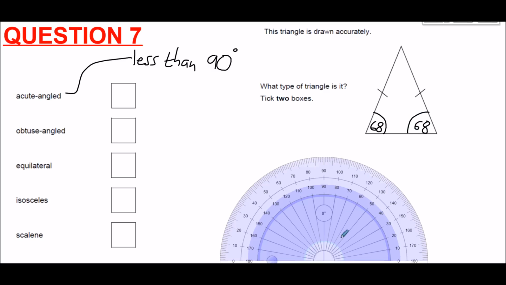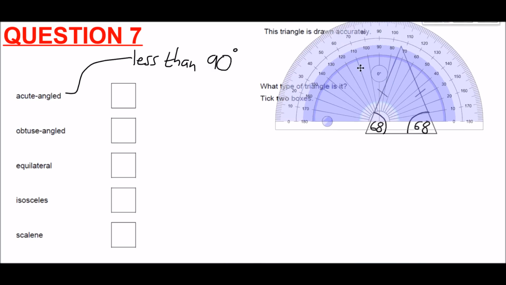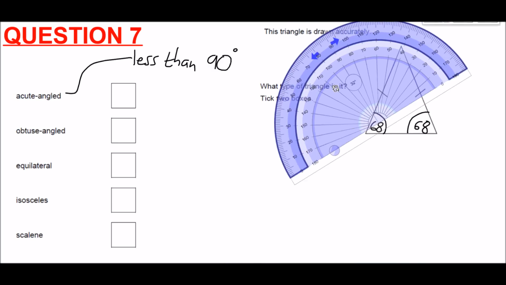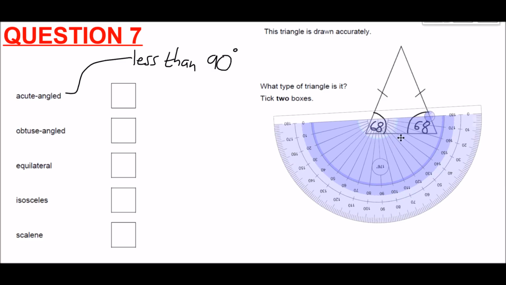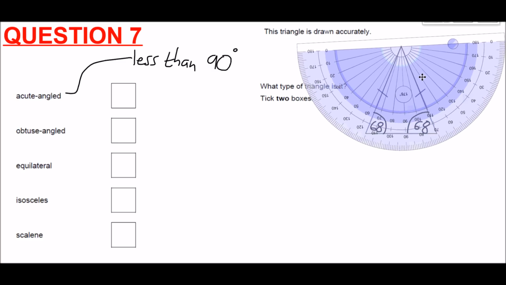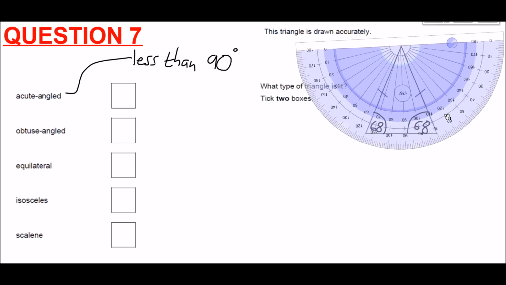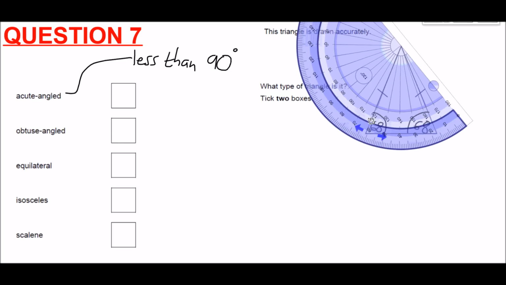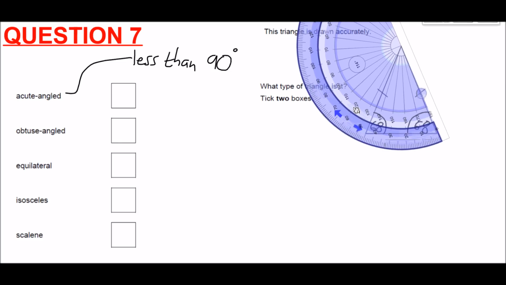And the one at the top, we can swivel it around slightly. Can put the protractor onto that one. Start from 0 and count up 10, 20, 30, 40.